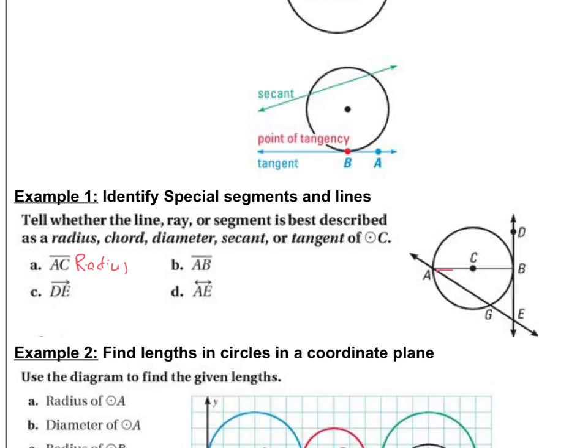Now line AB goes all the way through, touches the center. That would be a diameter. DE goes through here, and it looks like it touches the circle at point B. So if it touches the circle just once, that makes it a tangent.